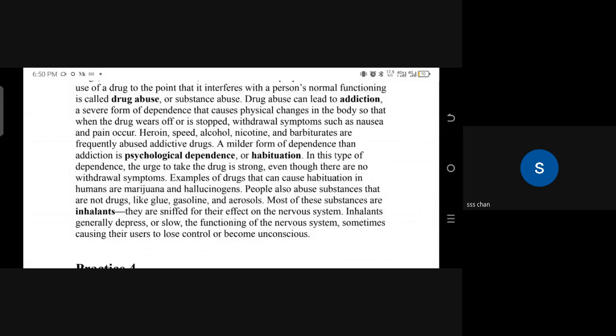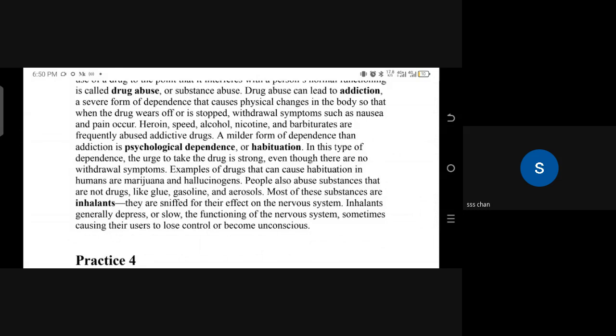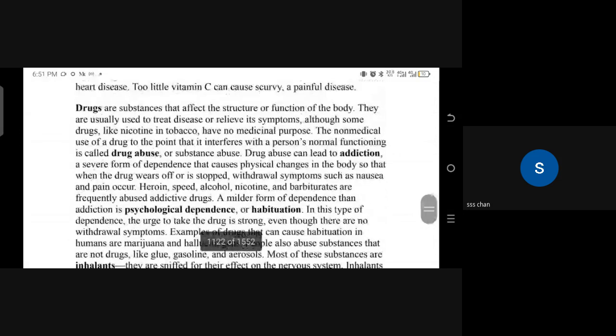Examples are your marijuana or hallucinogens, people who abuse substances like that. Not only related to that, we have inhalants. So drugs and nutrition, and finally your infections, are things that determine the condition or stability of health.